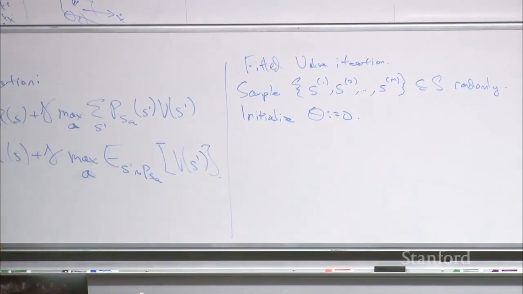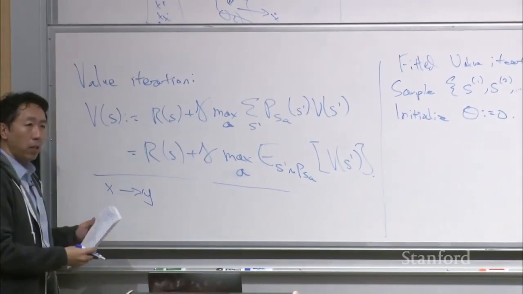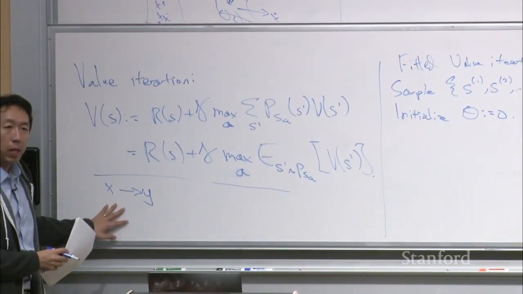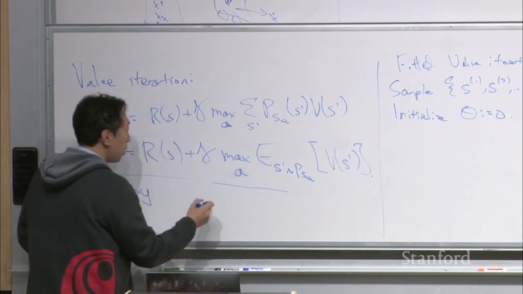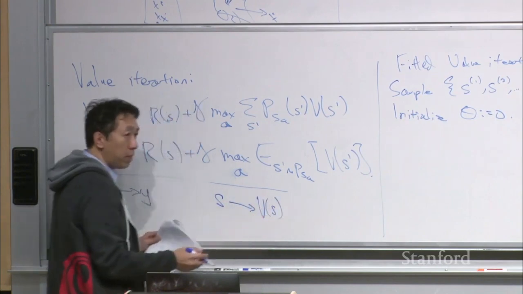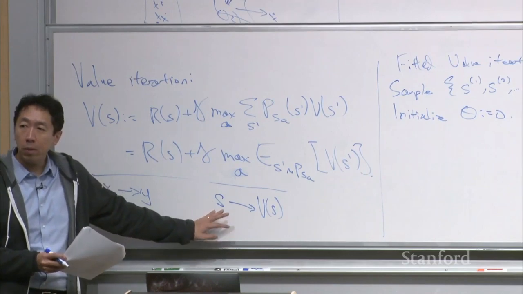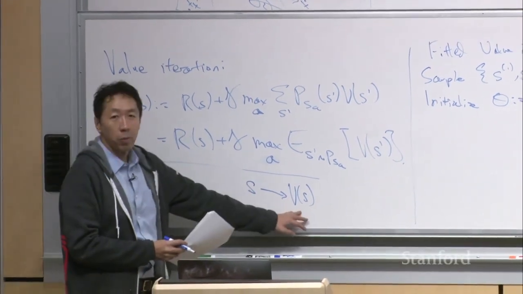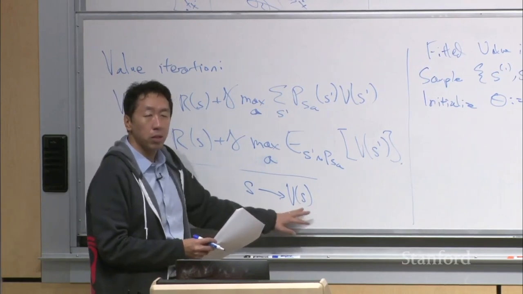In linear regression, you learn a mapping from x to y, and you have a discrete set of examples for x, and you fit a function mapping from x to y. What we're going to do here is learn a mapping from S to V of S. We are going to take a discrete set of examples for S, try to figure out what V of S is for them, and then fit a straight line to try to model this relationship.